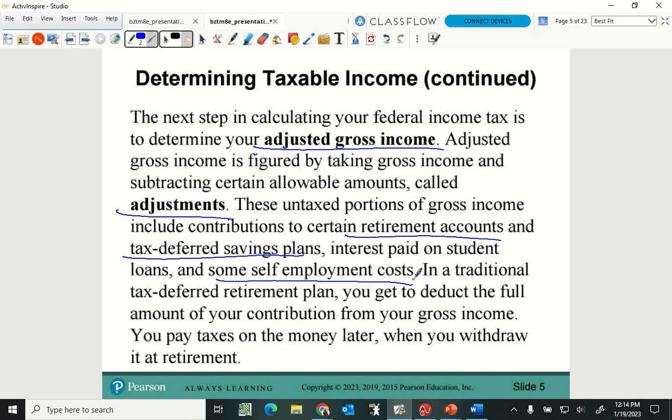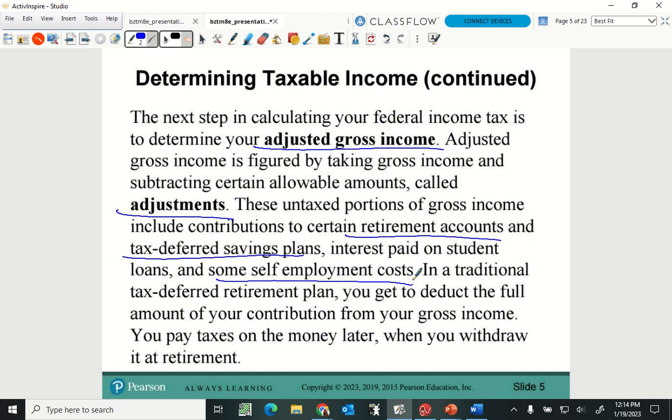Every year that money sits in there, it grows. So it's not 6,000 and 6,000 next year. It's going to be more. I get interest on the original amount, and as it goes, I get more interest on that, so it grows exponentially.